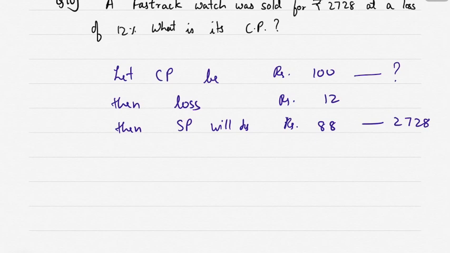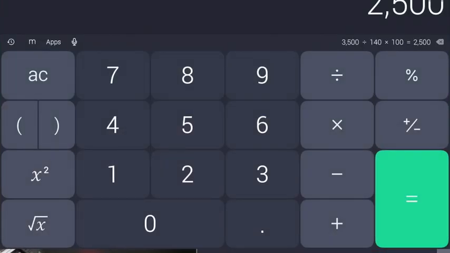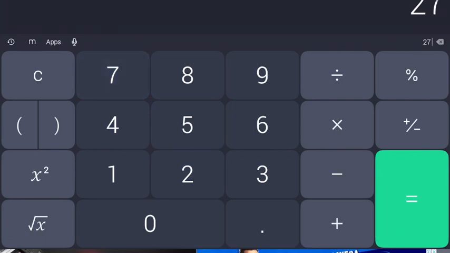So cost price will be 2,728 into 100 divided by 88. Cross multiplication. 2,728 divided by 88 multiplied by 100.